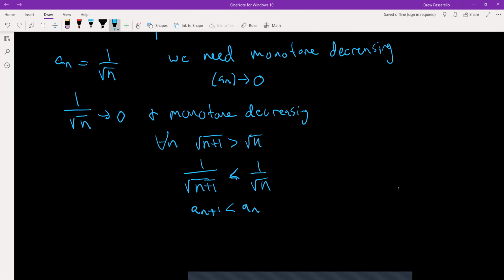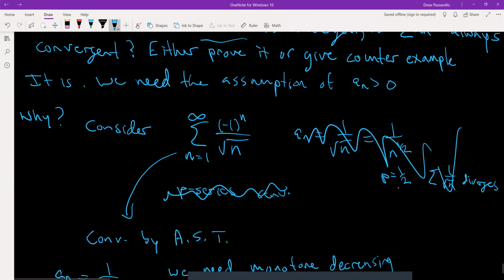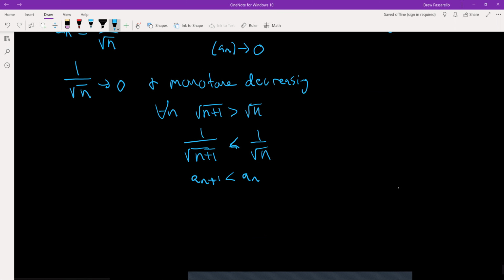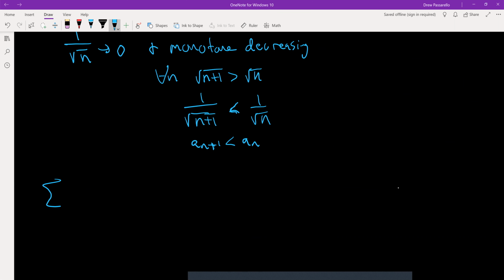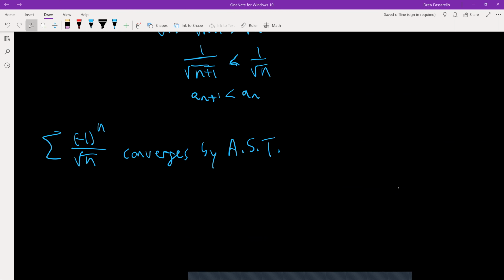Right, so that's monotone decreasing. All right, so this converges by alternating series test. The terms an are not greater than 0.